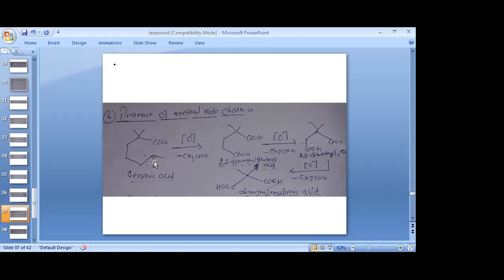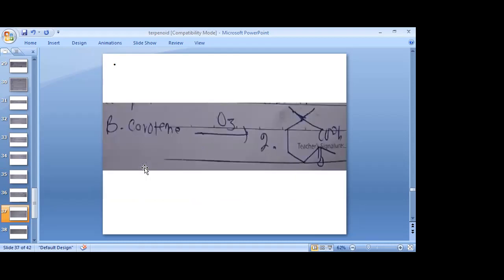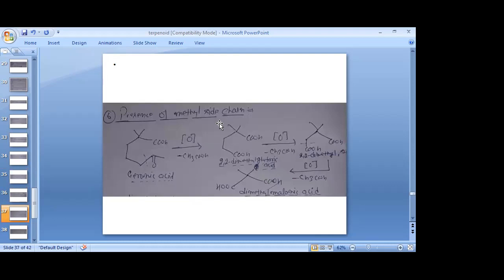So when your beta carotene is oxidized by ozone, it converts into these two molecules, geronic acid, right? So geronic acid is clear about this methyl group, the presence of one methyl group. And then after oxidation, they lose one acetic acid and convert into 2,2-dimethyl glutaric acid.